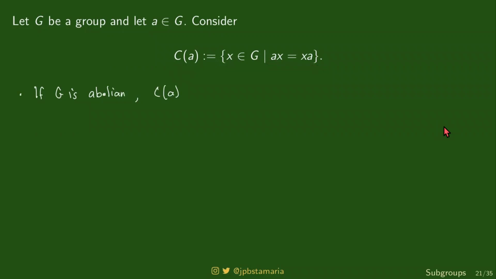So C of A this time consists of the entire group G. Kasi kapag abelian yung group, yung operation ay commutative. So in other words, this equation will be true for any X. So the elements of C of A will be all of the elements of G. Naintindihan niyo ba tong remark na ito? Why is this true?